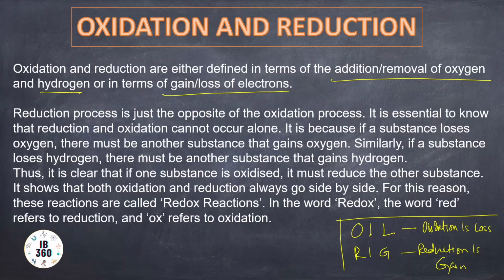Similarly, if a substance loses hydrogen, there must be another substance that gains hydrogen. That proves that these two processes, reduction and oxidation, cannot occur alone. They must occur at the same time, simultaneously. Thus it is clear that if one substance is oxidized, it must reduce the other substance. Both always go side by side.